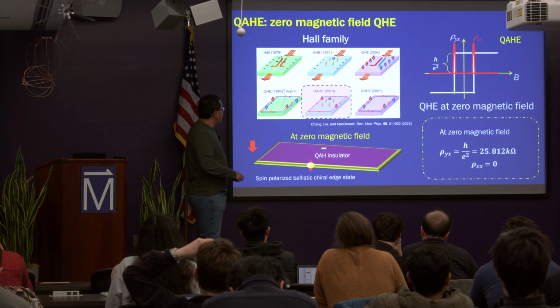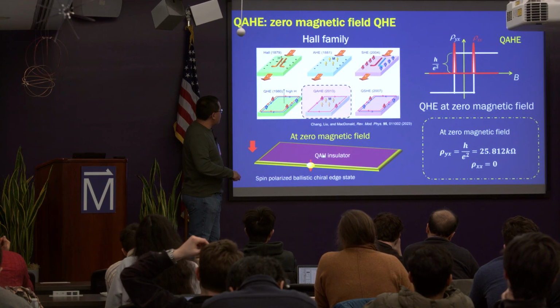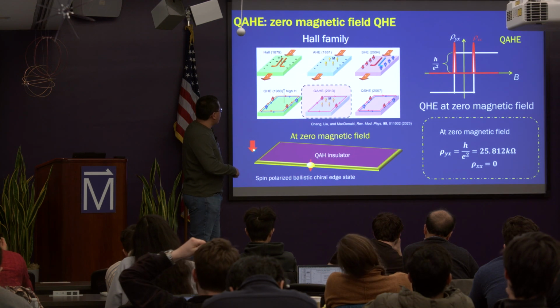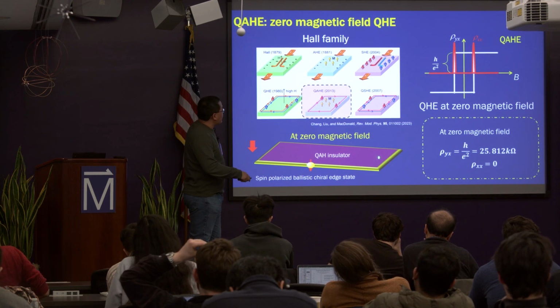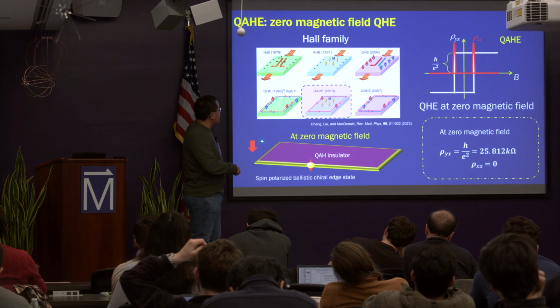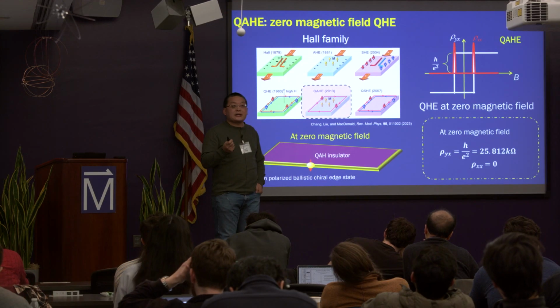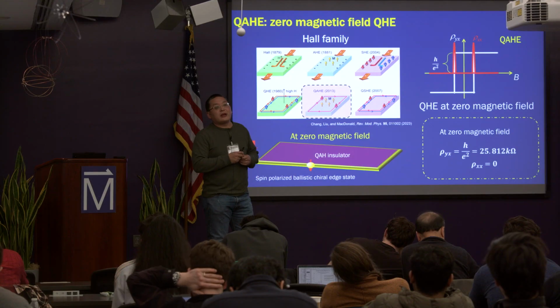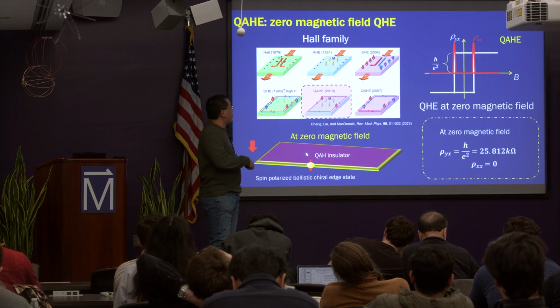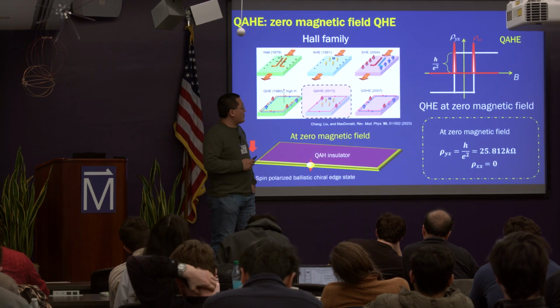At zero field, we call this a quantum anomalous Hall insulator. When the magnetization is down, the edge state goes this way. When the magnetization is up, the edge state goes the opposite way. So the chirality of the edge state depends on the magnetization of the quantum anomalous Hall sample.